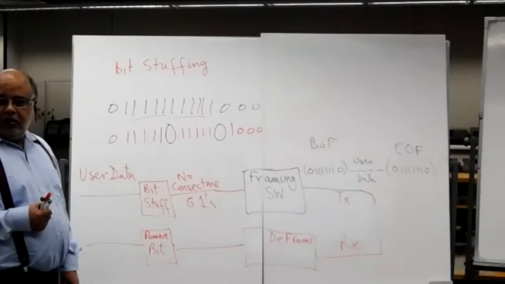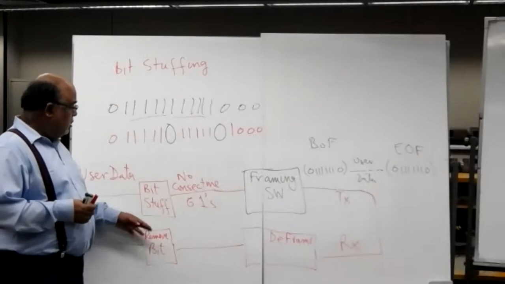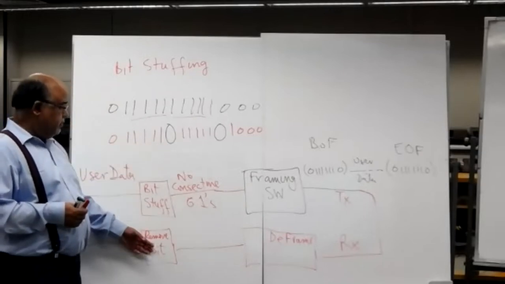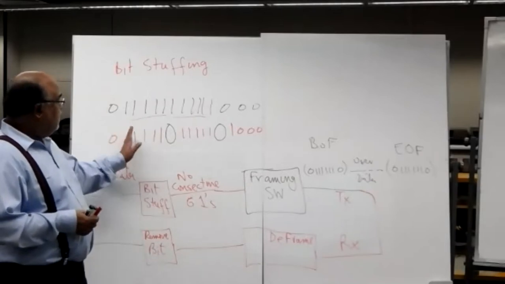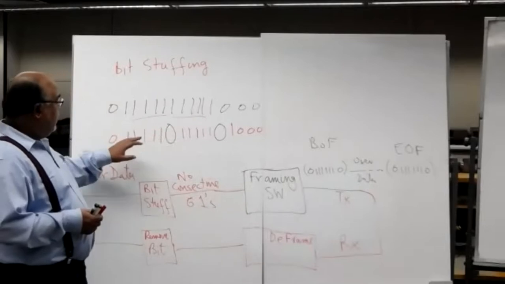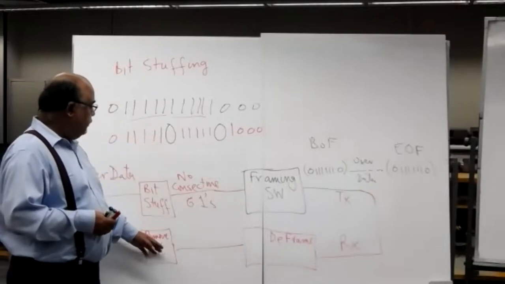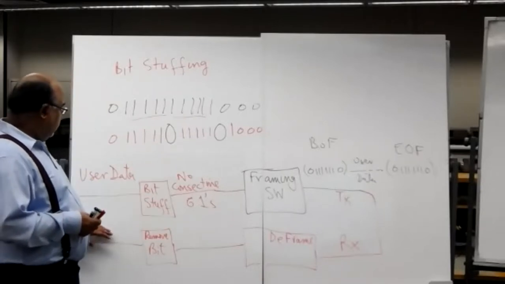All right. So this will remove a zero after 5 ones. The sender must add, without looking at what is after, an extra 0 after 5 ones, and the receiver must remove the extra 0 after 5 ones. So you get the data back the same again.